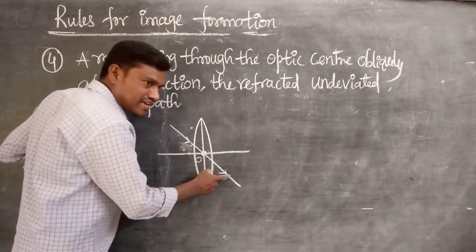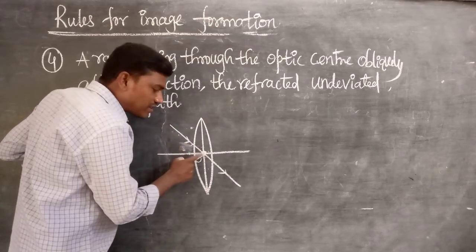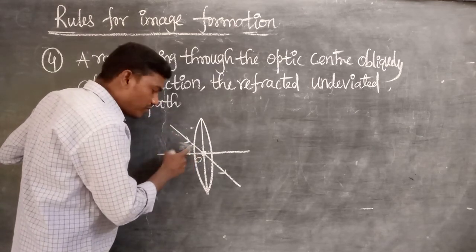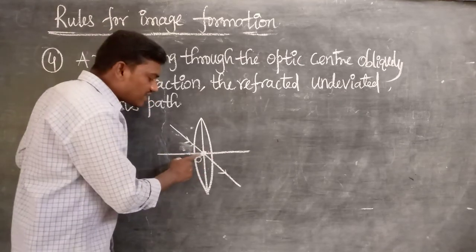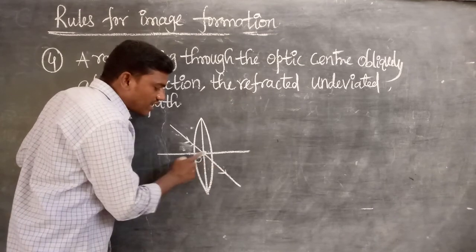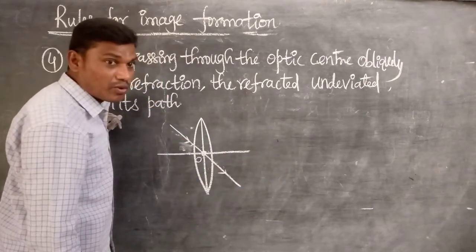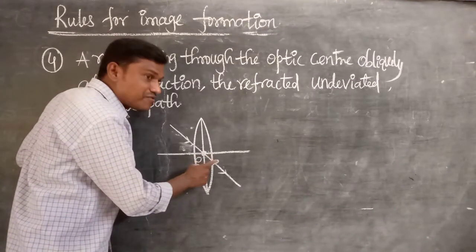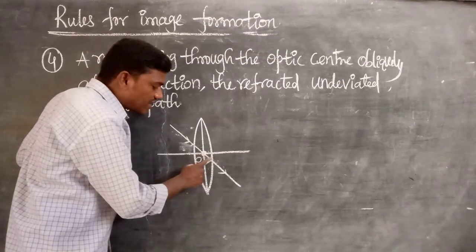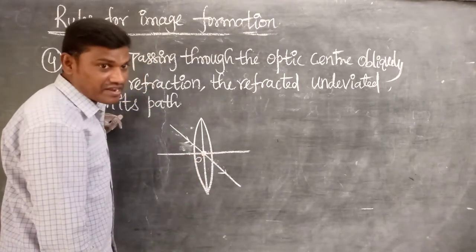Once again, listen very carefully. The ray which is passing through the optic center obliquely, making a certain angle with the principal axis, after the refraction the light ray is undeviated and moves in a straight line path. But is it really undeviated? No, the refracted ray is deviated.